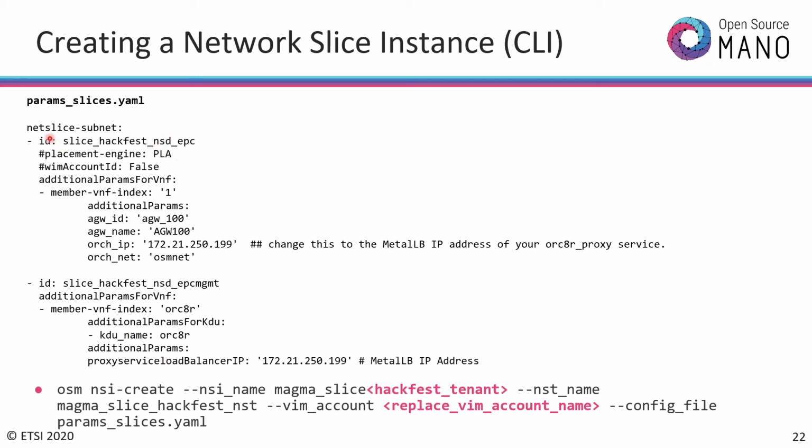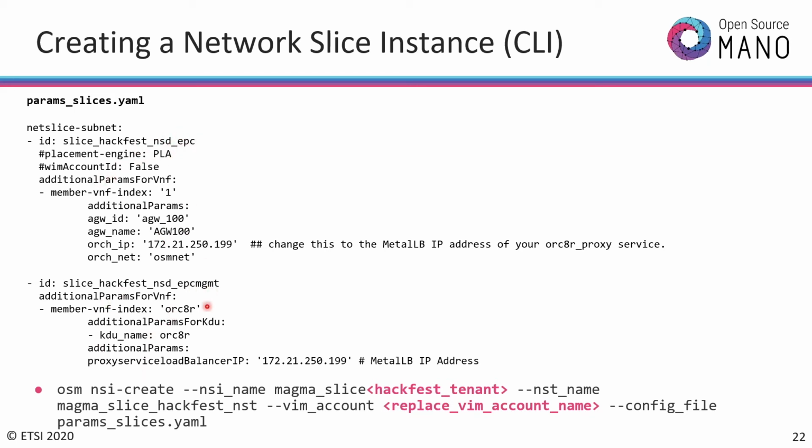The thing is, we want to influence the deployment of the network slice subnets. So in this particular case, we want to force these additional parameters for the VNF and to specify the configuration used by the primitive to configure our gateway.